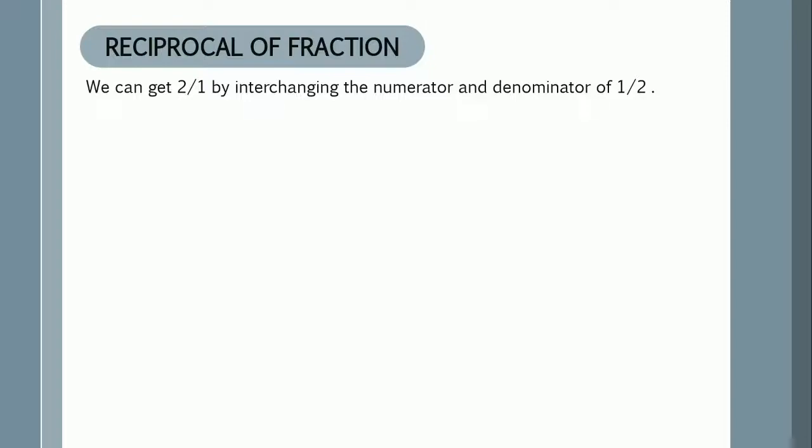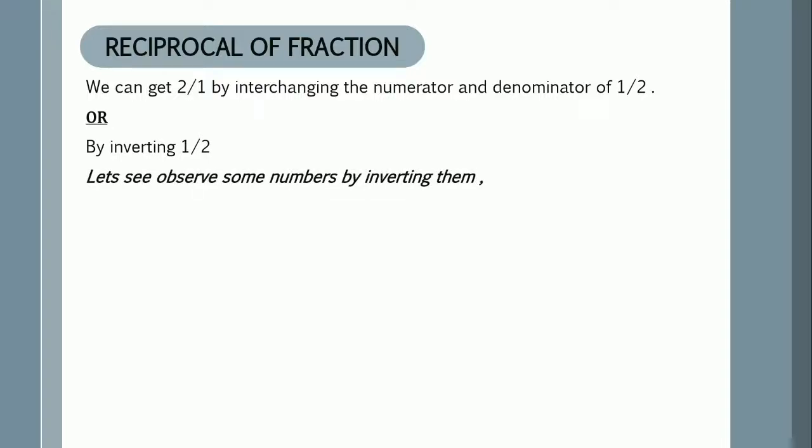When we change the numerator and denominator of 1 by 2, we can get 2 by 1. Or by inverting 1 by 2, we can get 2 by 1. So, see some fractions and we invert them and then we see what is the multiplication of the fractions. Okay.